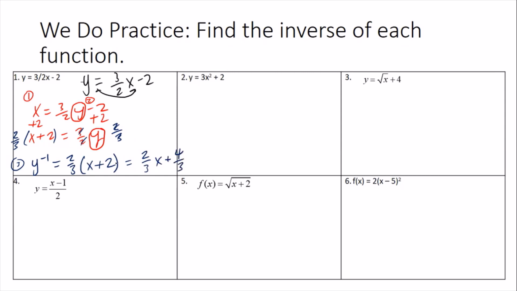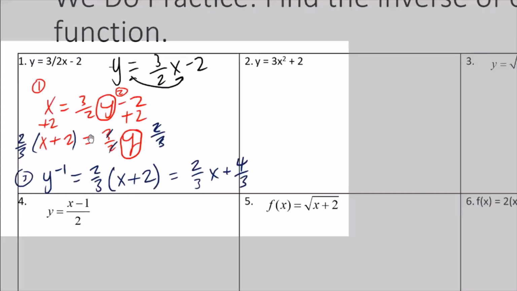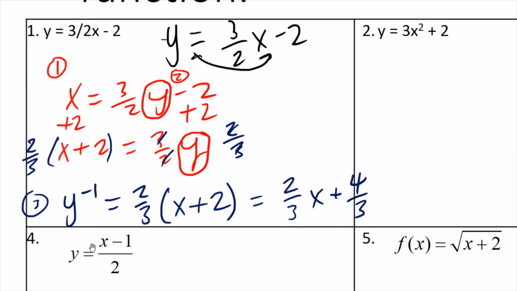Remember, when you distribute a fraction times a whole number, it's the numerator times the whole number, which makes it 4/3. All right, questions about number 1? How did y'all do on number 1?